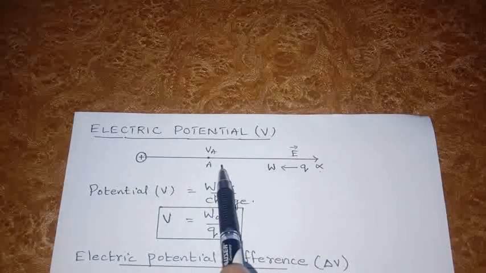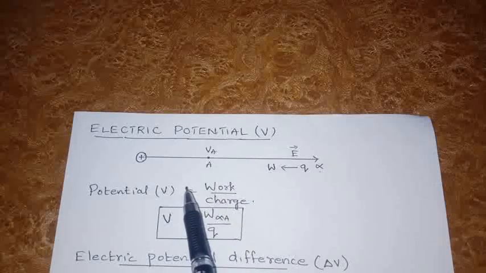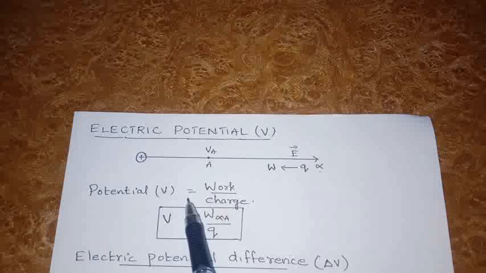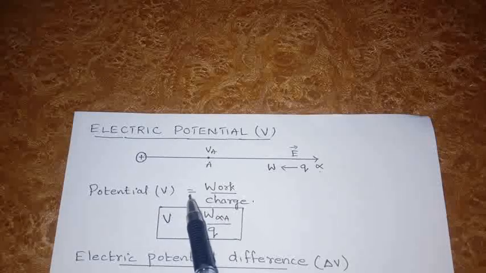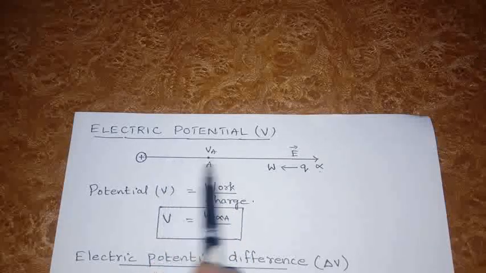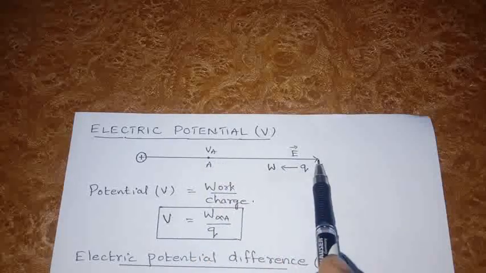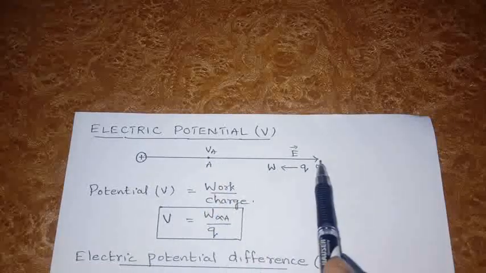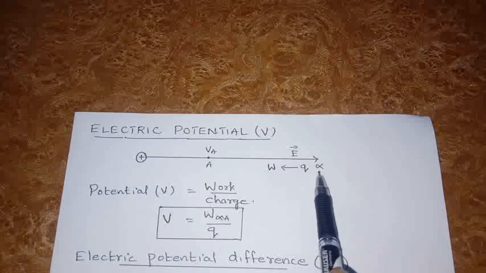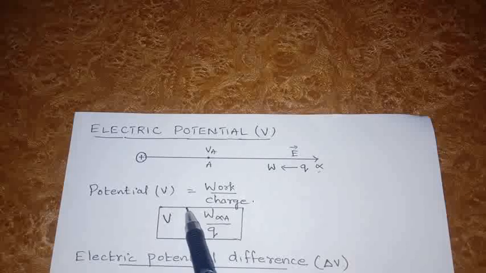This is similar to masses moving under gravity. The stone kept at the top of the mountain will always come down; that is a spontaneous or natural process. Similarly, under this electric field, a positive charge will always move to infinity. And if I want to take a positive charge from infinity to this point, that will not happen automatically.